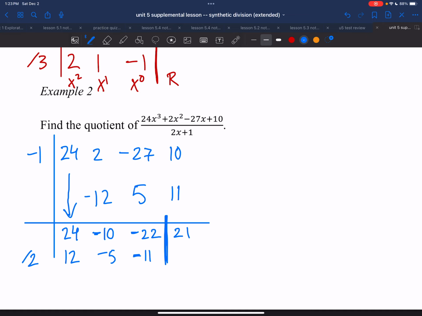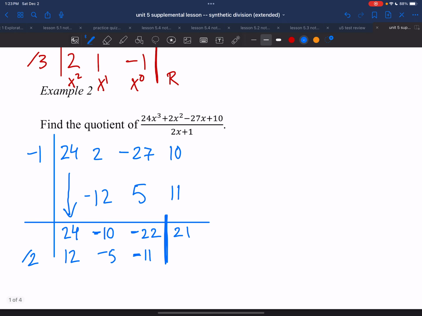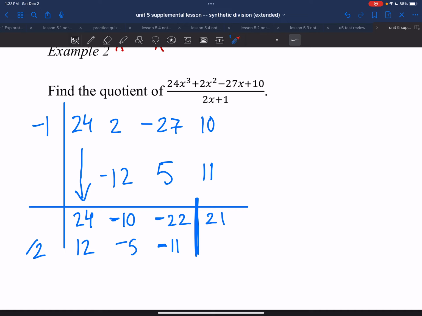And I'll draw my bar kind of here so you can really see. And you'll really see why I'm drawing this bar here, whereas I used to not, right? So this is the remainder. You do not cut that in half, all right? So that's my remainder. This is my x to the 0, x to the 1, x squared.